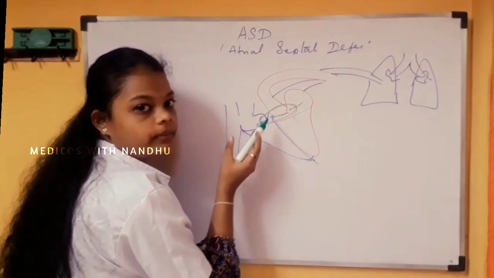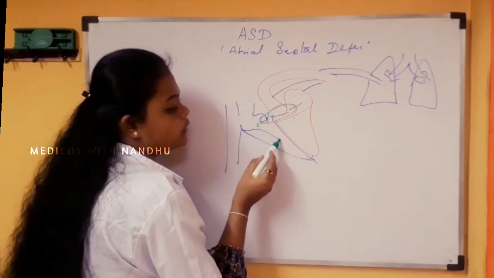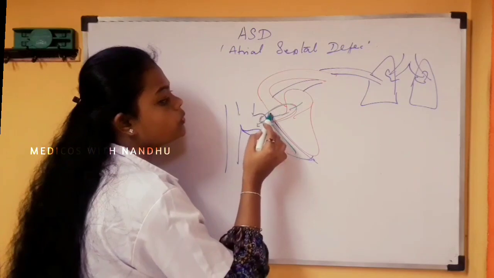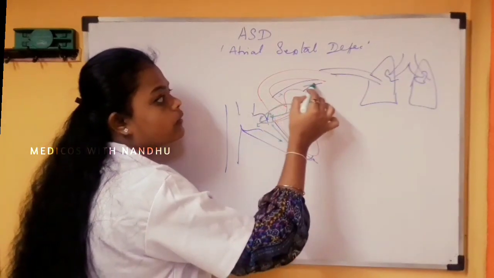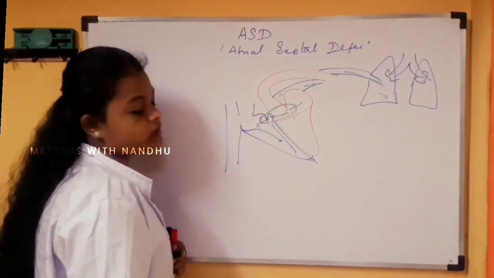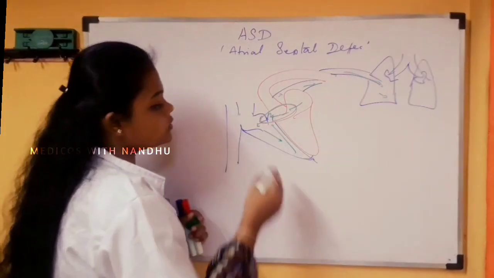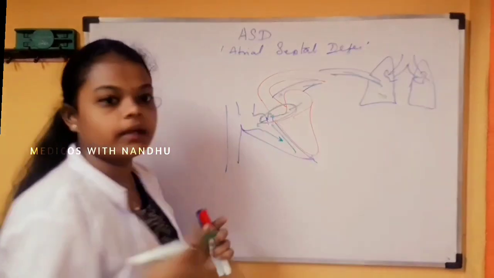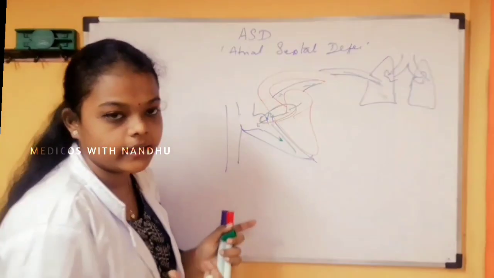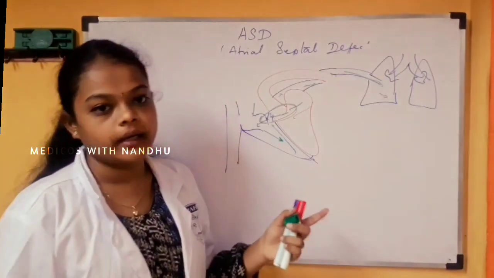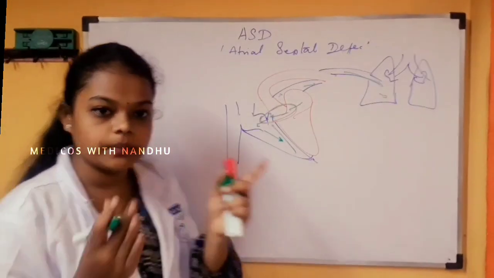So more blood will be coming here, then the right ventricle, then it will move to the pulmonary valves and to the lungs. So here, the right atrium becomes enlarged if more blood comes. The right ventricle becomes enlarged and the pulmonary arteries become enlarged.